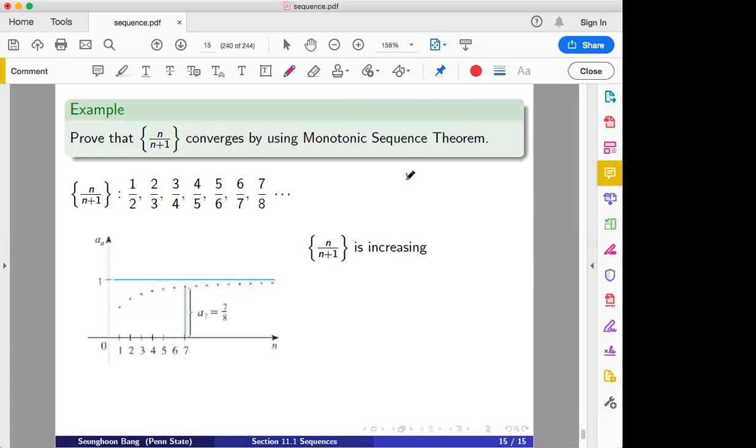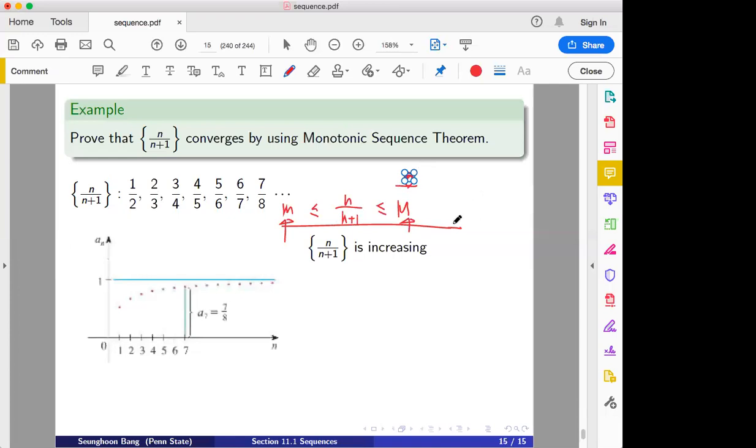The sequence n over n plus 1 should be between a small number m and a bigger number M. That is the definition of bounded. Do we have little m and capital M?